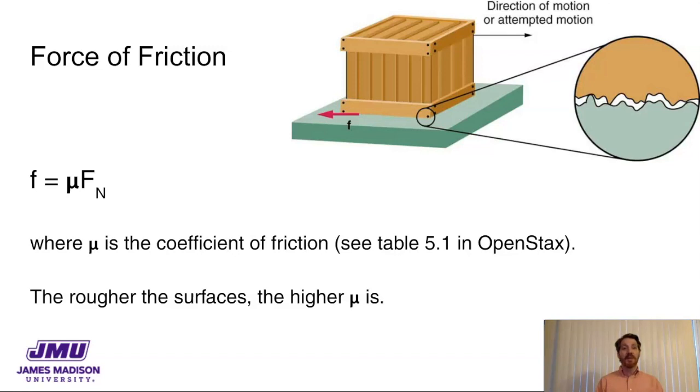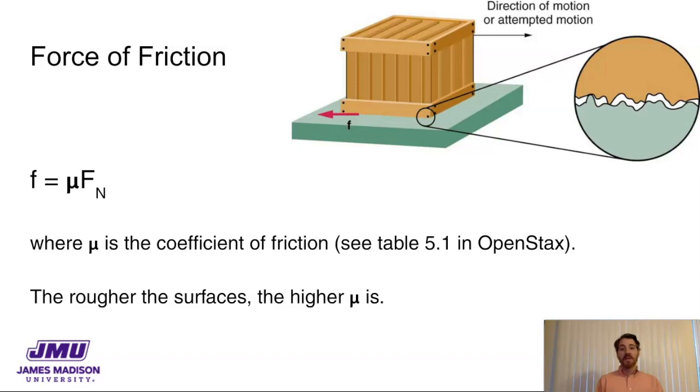Our equation is actually going to look a lot like this, but don't write that one down just yet. I'm going to need to elaborate on friction a little bit more. First, that coefficient, mu. Mu is the coefficient of friction, and if you're asked to use it, you would want to look it up in table 5.1 in OpenStax, or it might be given to you in a question. For example, on the test, it would probably be given to you. But in general, it's a measure of how rough the two surfaces are.